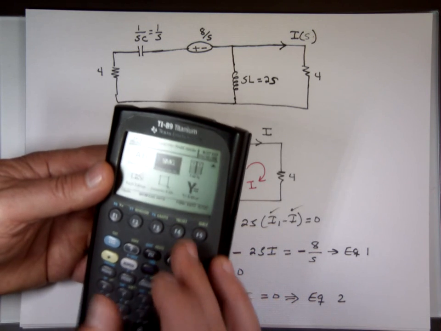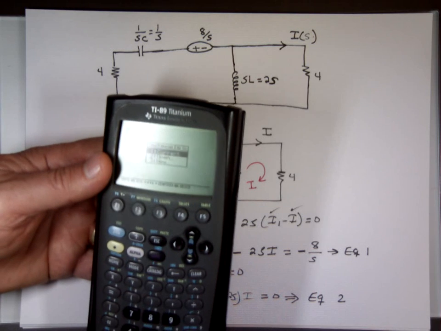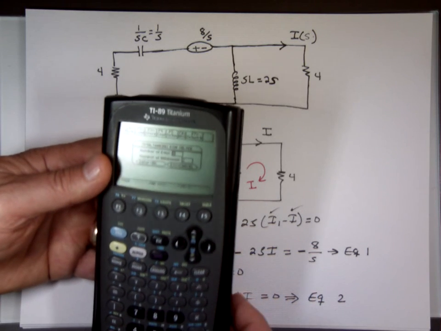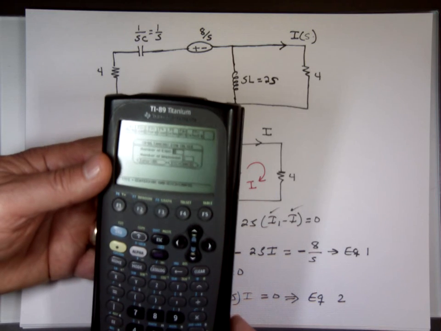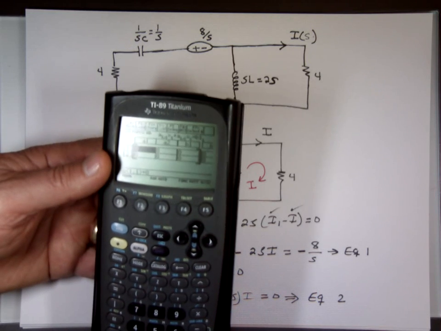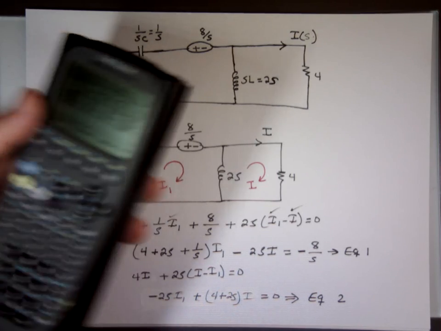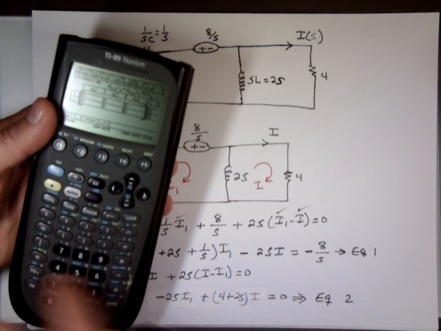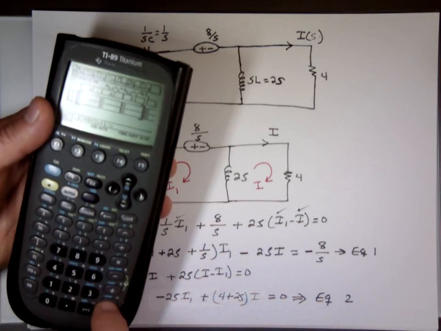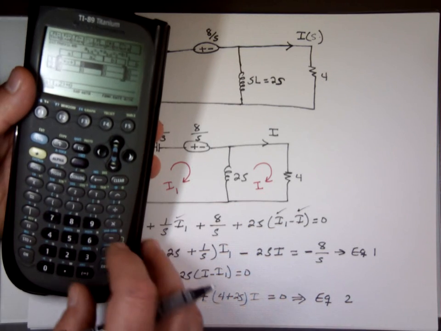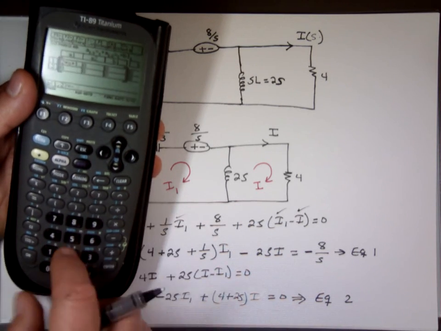So let's try it again now. New. Two equations by two unknowns. 4 plus 2x plus 1 divided by x. Yep, I got it now. Second one, minus 2. Oh, the wrong minus.